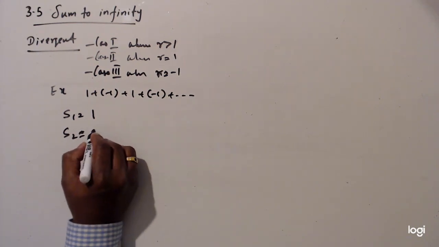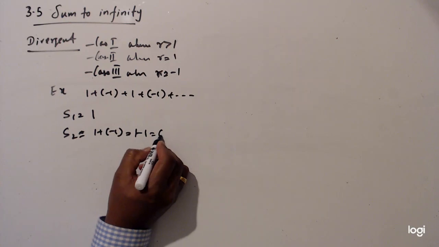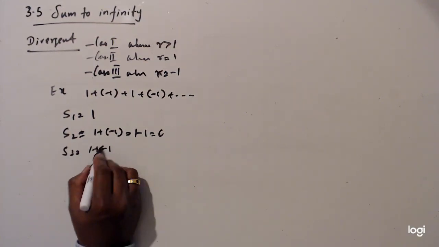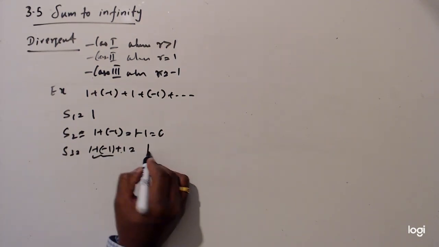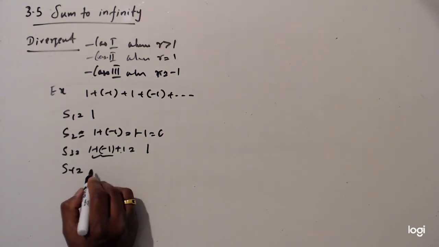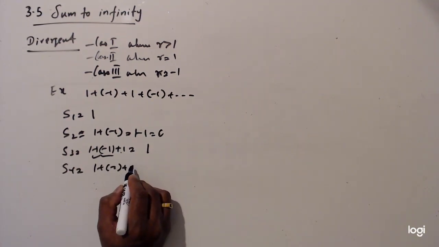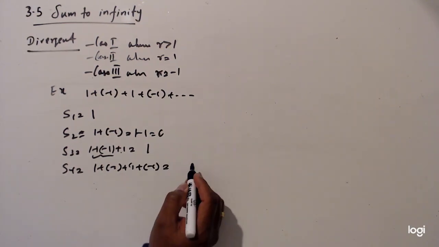S2 is 1 plus minus 1, that is 1 minus 1 is 0. S3 is 1 plus minus 1 plus 1. So this is 0 plus 1, again 1. Then S4 is 1 plus minus 1 plus 1 plus minus 1. Again 0.